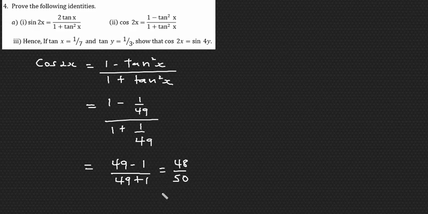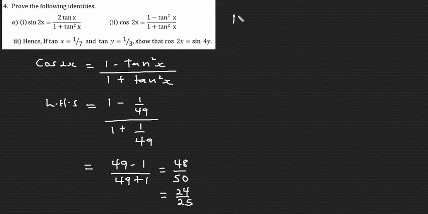And if we divide it by 2, this will give us 24 over 25. Please, this was 49 minus 1 over 49, and this was 49 plus 1 over 49. The 49 cancels. That's why I skipped it. So now, this is the left hand side.